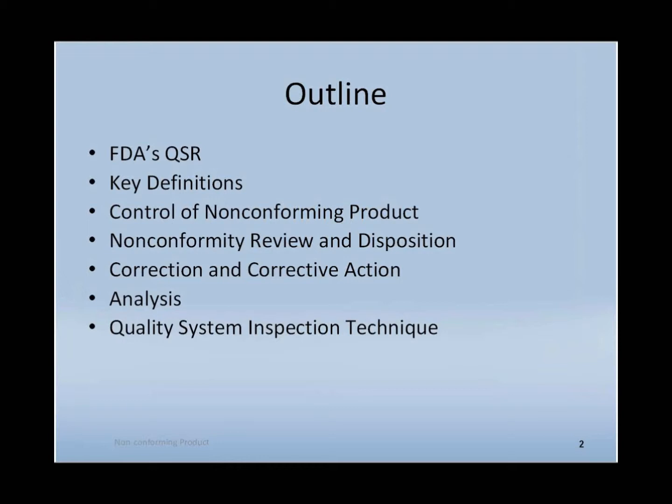Now, FDA investigators come to your facility and perform inspections, and they follow the quality system inspection technique. So we're going to look at some of the things that the investigators will be asking about when they get into this area of your quality management system. Then we'll do summary and conclusions, and open it up for questions.